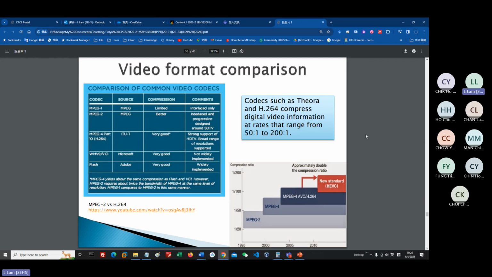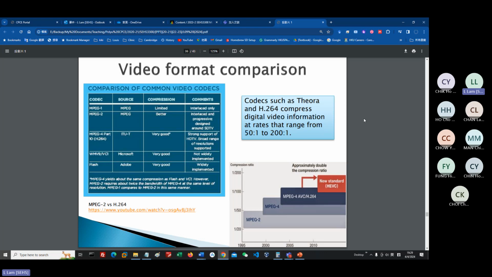Okay, so the video just lets you know how powerful different compression technologies, I mean codecs, are. And nowadays, people always stick to MPEG-4 or H.264 because the technology is quite common and popular, and the compression ratios are more or less the same.